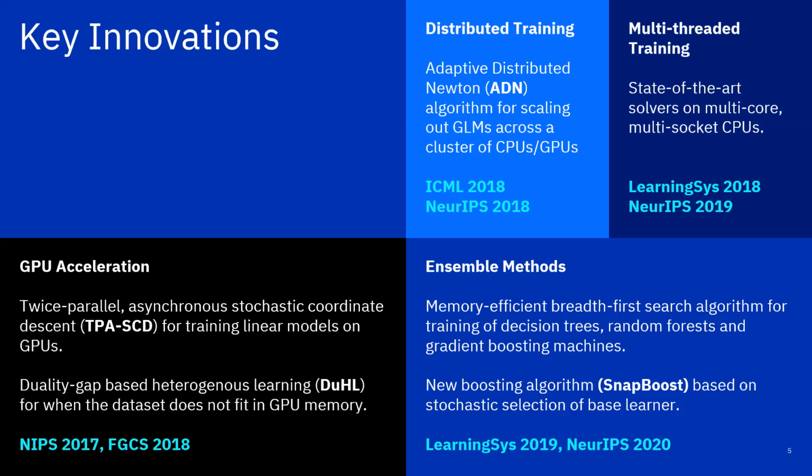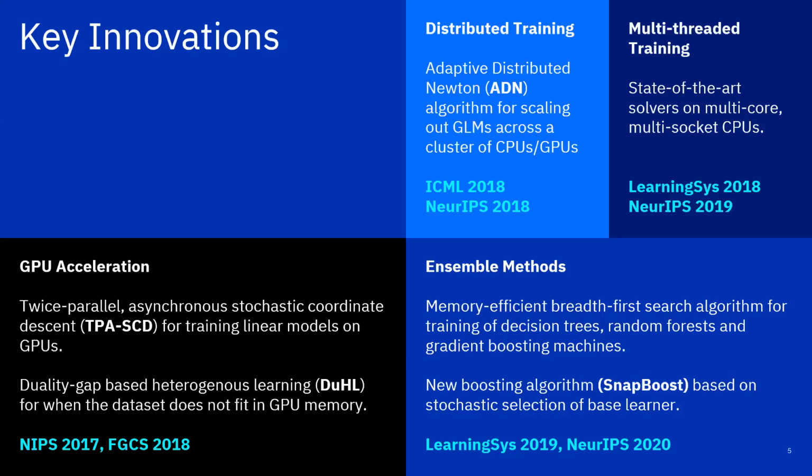So we started there looking for how can we accelerate training of models like decision trees and random forests. So we designed new hybrid training algorithms, hybrid between breadth first and depth first search for training those kinds of models. And then we also started asking how can we improve the accuracy of models like boosting machines.